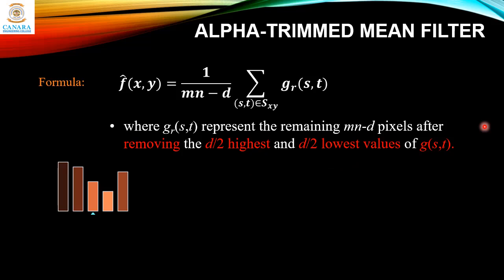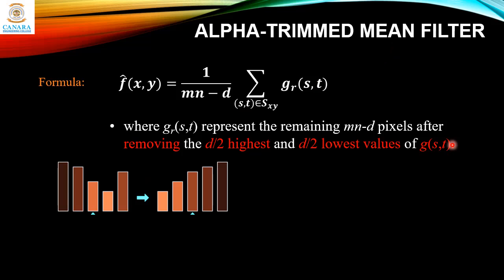So what we need to understand here is the term alpha trimmed means we are trimming the maximum values and the minimum values, some maximum pixel values and some minimum pixel values, and then considering the mean of the neighborhood. So we'll see an example here. We have pixel intensities like this.